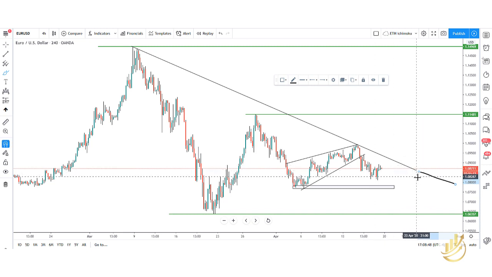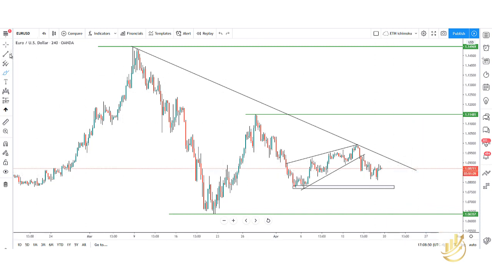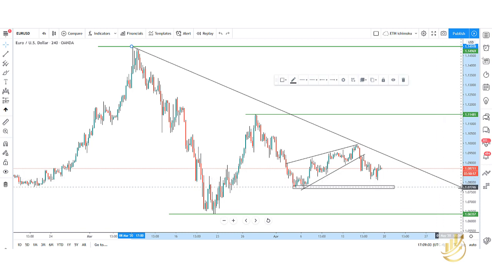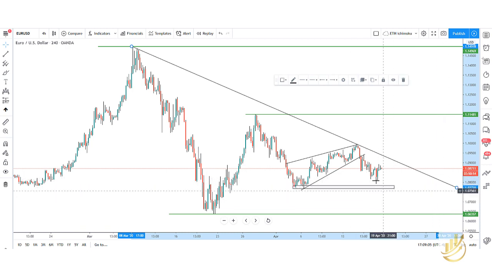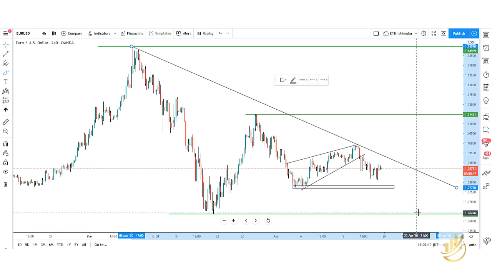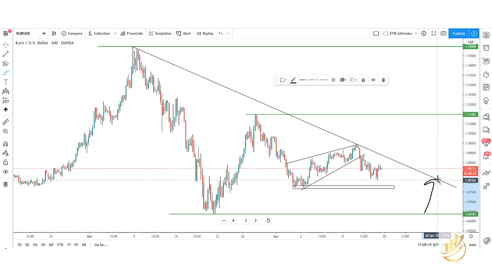So if I extend this trend line, even if price goes down after giving you such a signal and price is here, if price is still respecting this area after touching this, then also I will not be interested in going long.